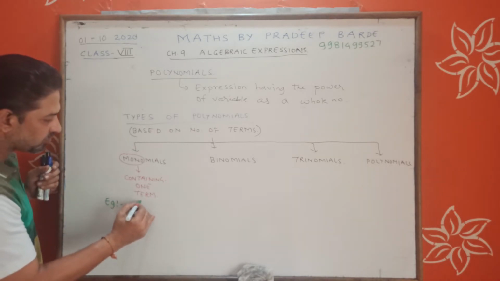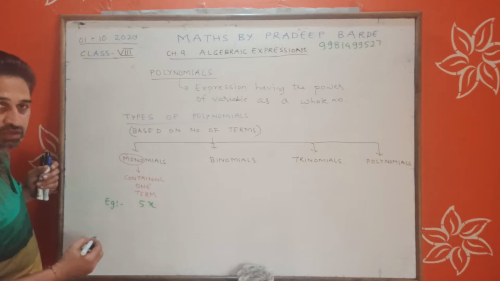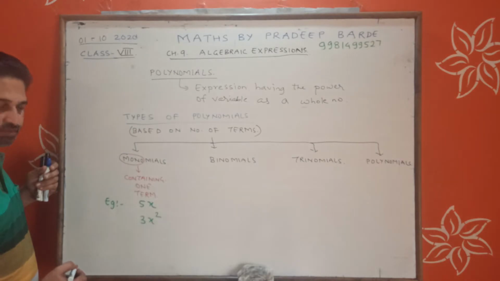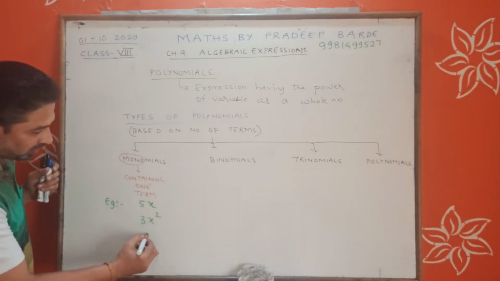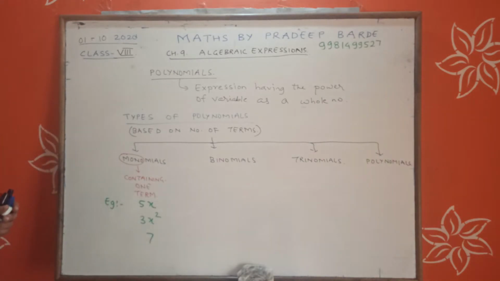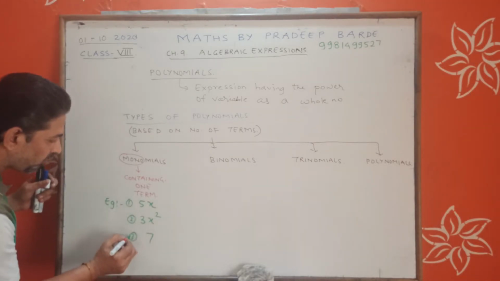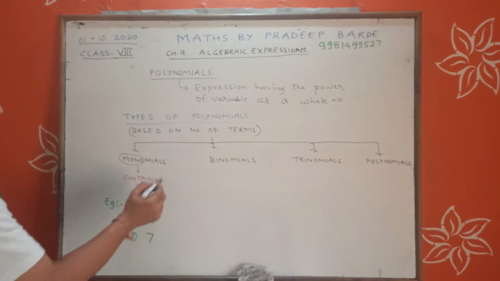Example, if I write only 5x, only 3x square, only 7. These are examples of monomials.